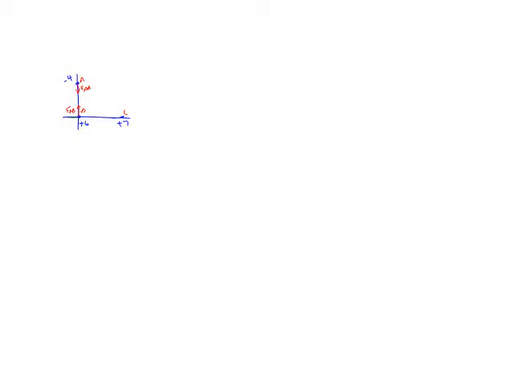Repulsive. So this would be the F of C on B. And this will be F of B on C. And then between A and C, attractive or repulsive? Attractive. So this one is going to be the F of C on A, and this one is going to be the force of A on C.